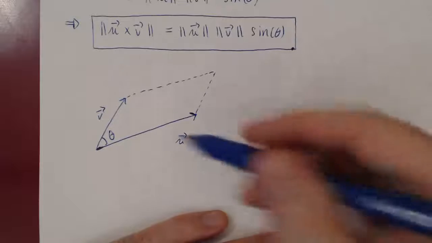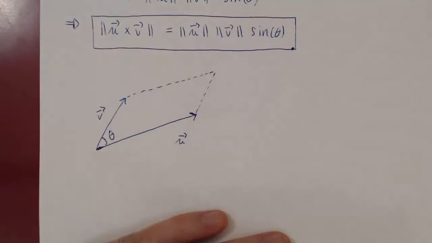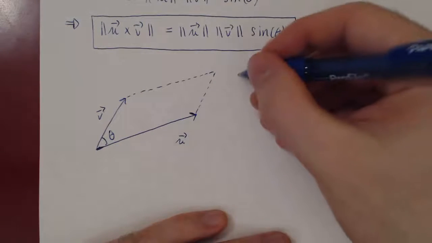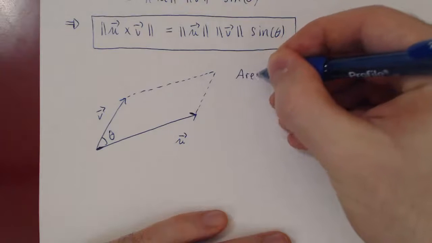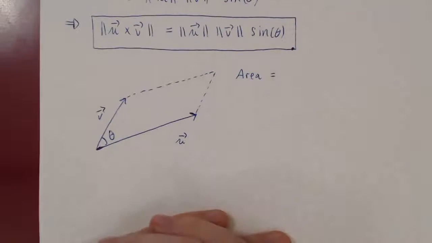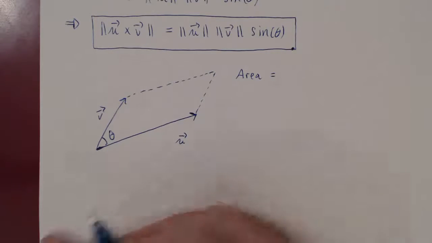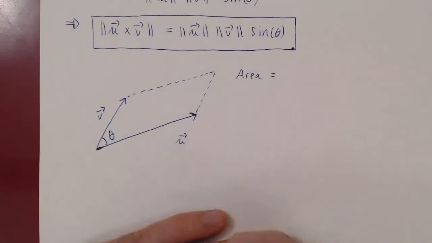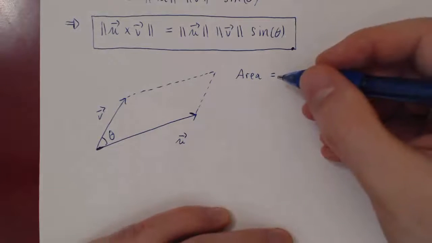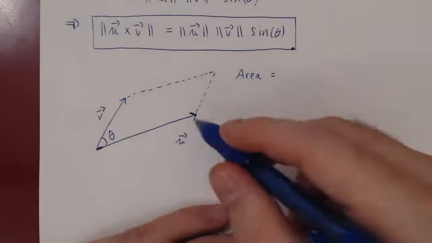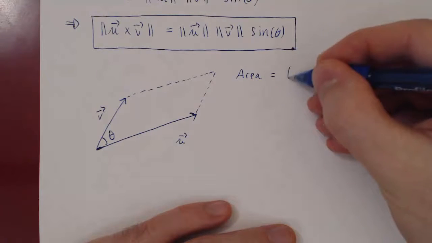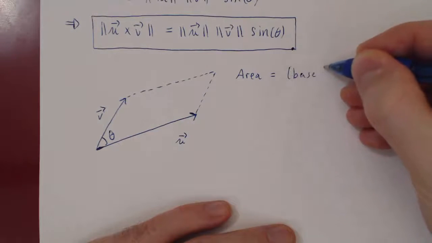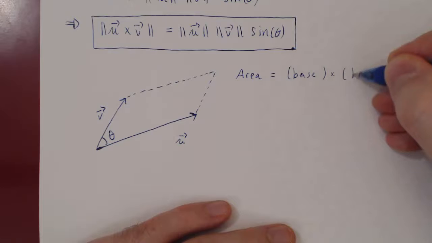And we can ask now, what is the area of this parallelogram? Well, the area of a parallelogram will be the length of the base times the height. So it is base times height.